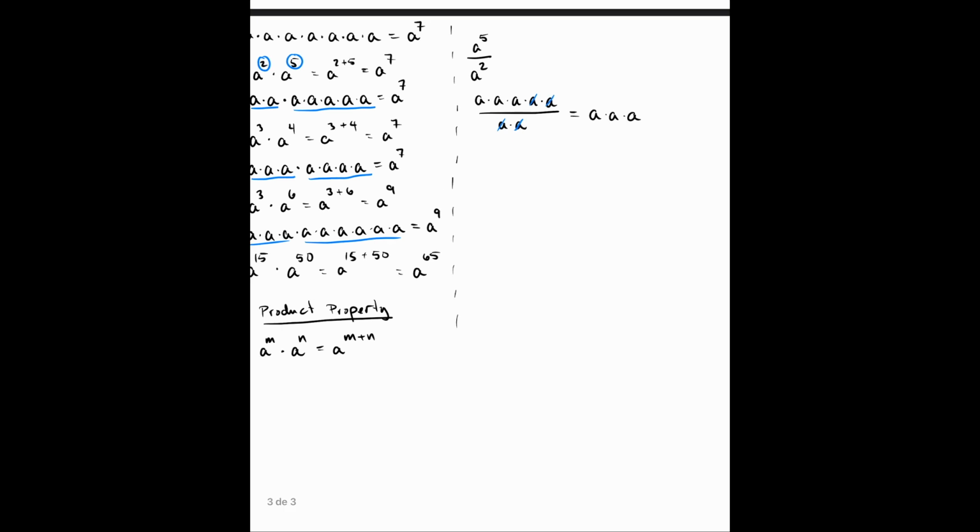One a in the numerator and denominator and a second a in the numerator and denominator. And in the end, what we would get is just 3 a's, because there is nothing left in the denominator. Technically, the denominator is equal to 1 now, and anything, actually, let me write it down.